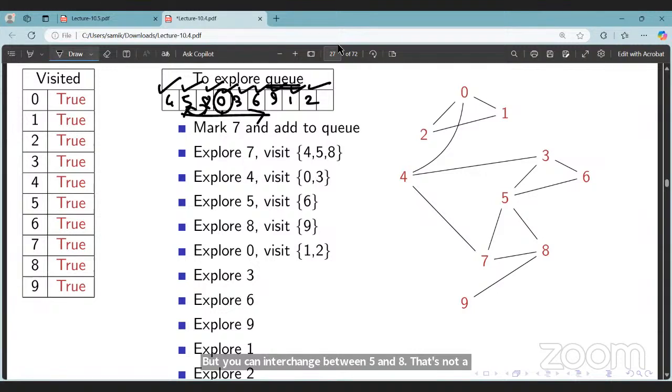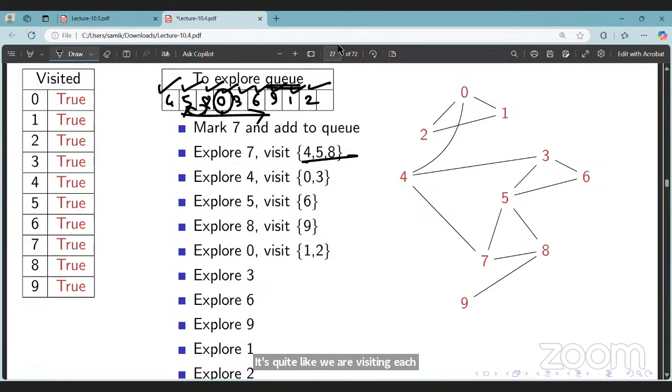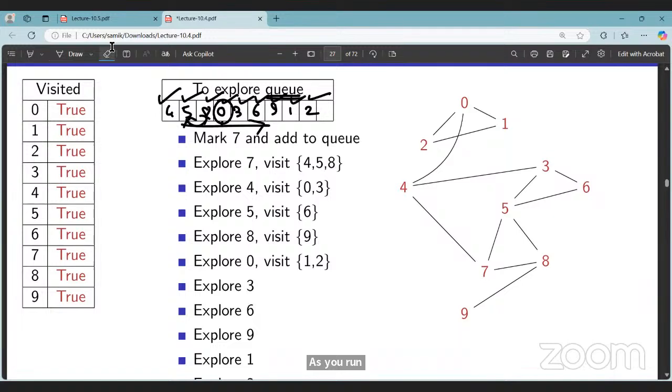We cannot change the order of 5, 8, 0. We are visiting each point as a sequence. This is the typical, standard BFS process.